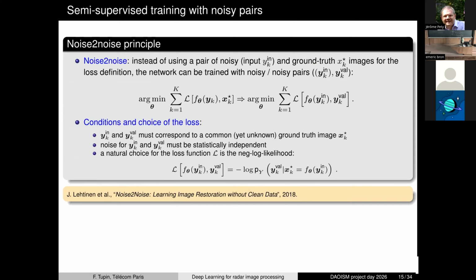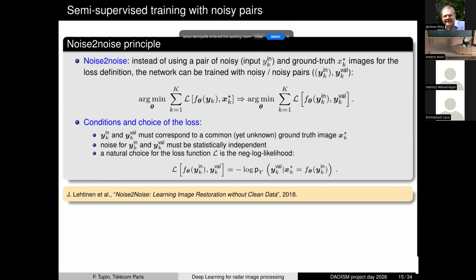And the conditions are the following. Of course, your two noisy images should see the same underlying ground truth. The second condition, very important, is that the noise in each image should be independent.